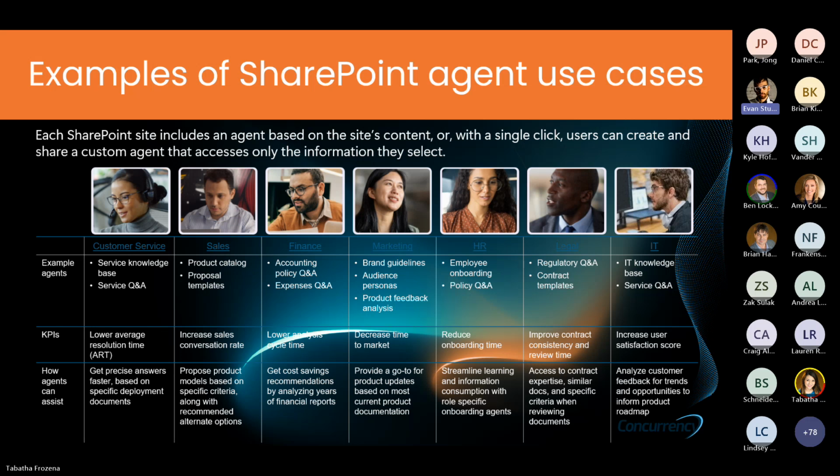In finance, agents can analyze reports and offer cost-saving recommendations and speed up processes. In marketing, they reduce time to market by providing quick access to brand guidelines or audience insights. In HR, agents can help onboard employees by streamlining training and policy access. For legal, they boost consistency by helping users review contracts with built-in criteria and summaries.